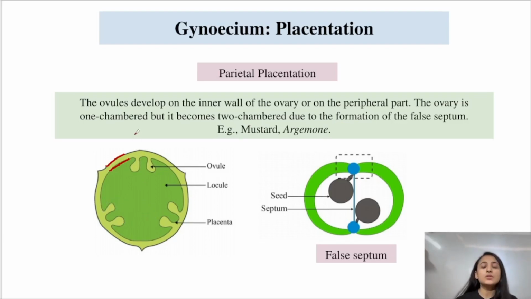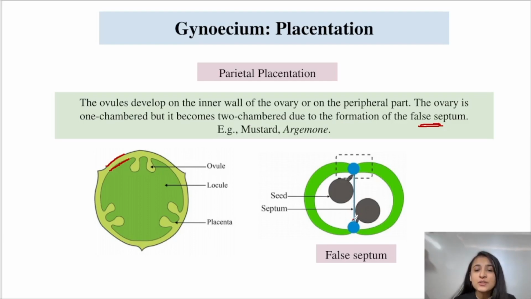In parietal placentation, the ovary is one chambered. A single chamber is present, but it appears to have become two-chambered because of the formation of a false septum. This is a false septum, not a true septum.